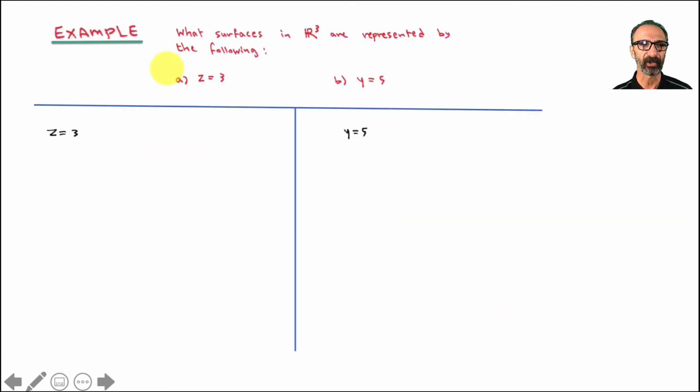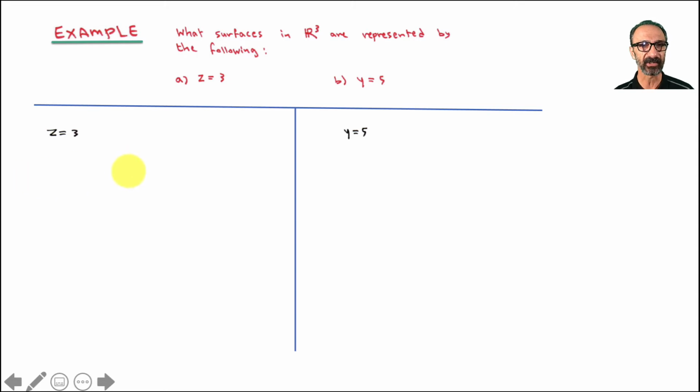Here's an example. What surfaces in R to the third are represented by the following: z equals 3 and y equals 5. Of course, we are in 3-dimension, so it's kind of simple. If you feel like I'm going too fast, I believe you could follow me, and it's not really complicated, but it's good to see them as an introduction for the coming videos, because we're going to be graphing in 3-dimension. z equals 3, that means you go up 3 units in 3-dimension, of course, and stay up there.